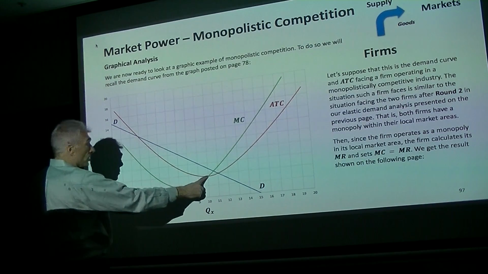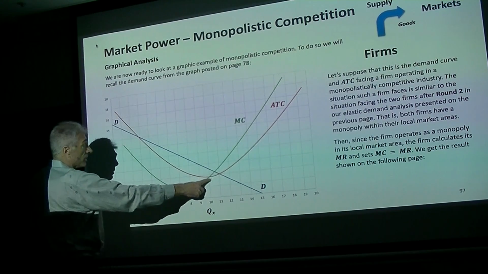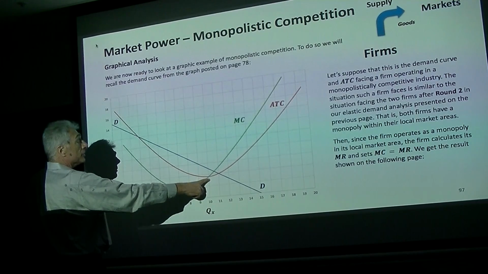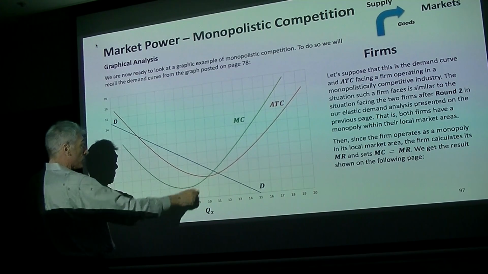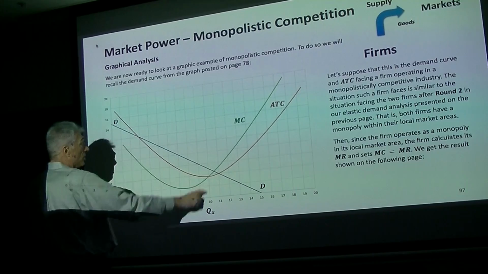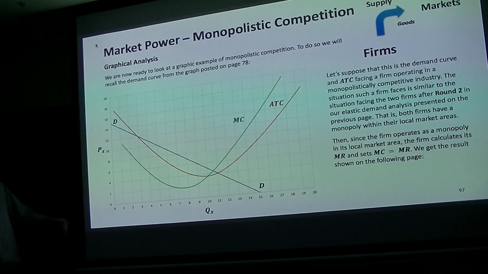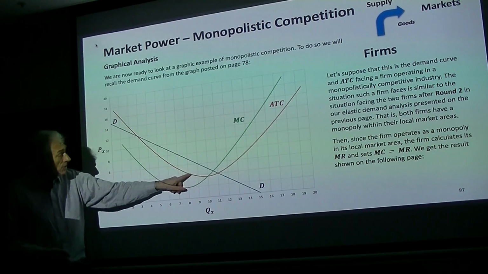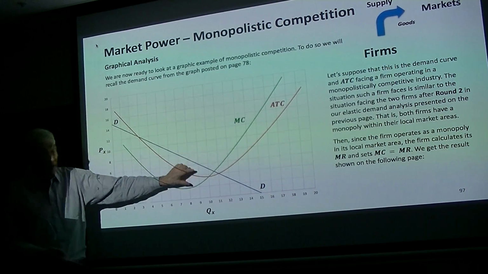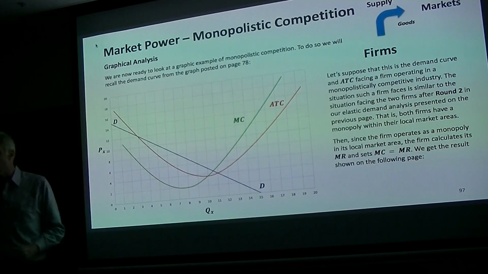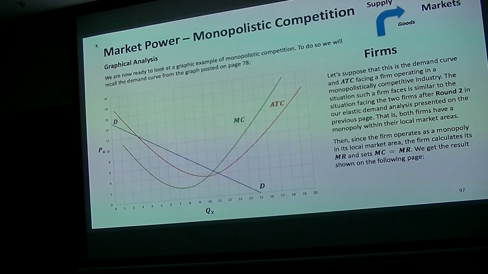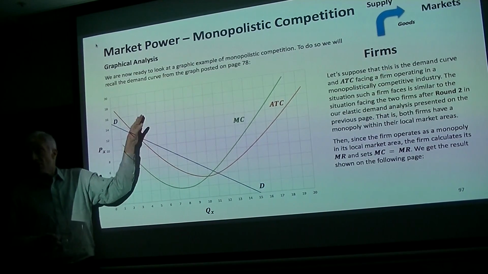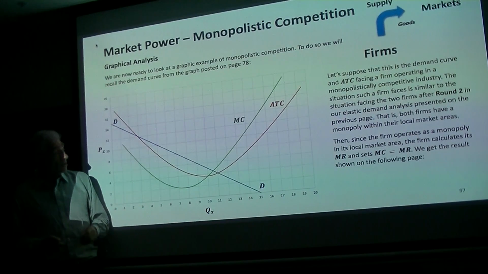You'd have to find out where the market price is. But where marginal cost equals marginal revenue is the point on the curve where the firm is going to produce and try to earn some kind of profit. What this is saying is that the firm has some reason to produce.